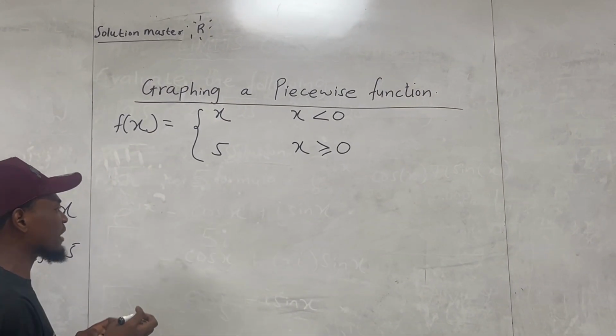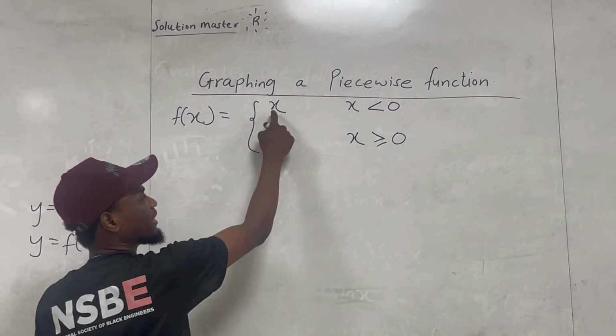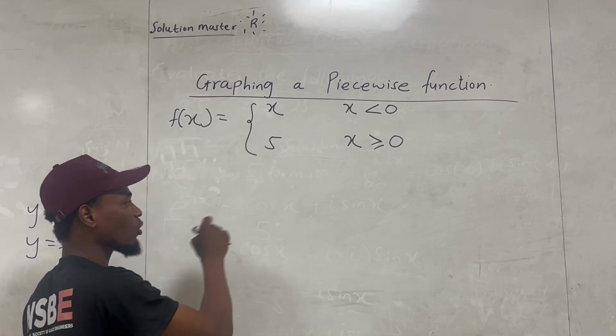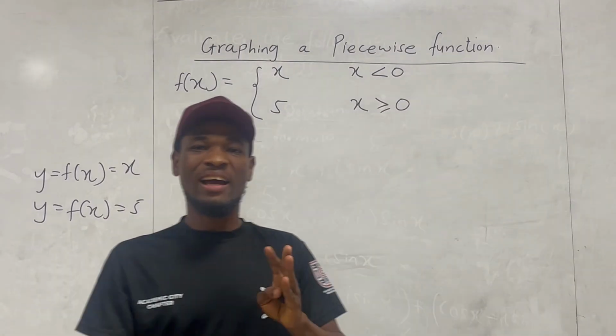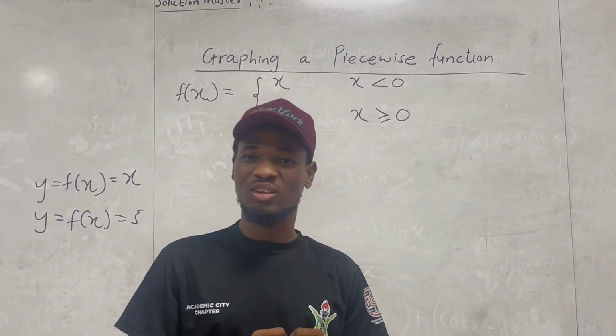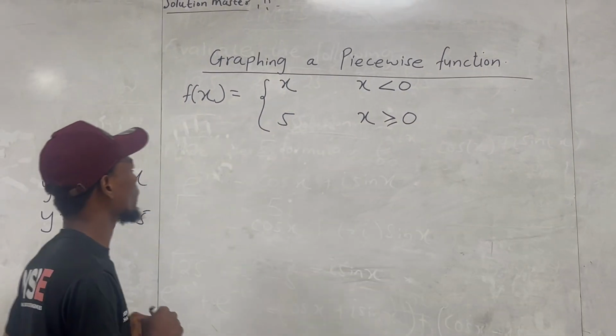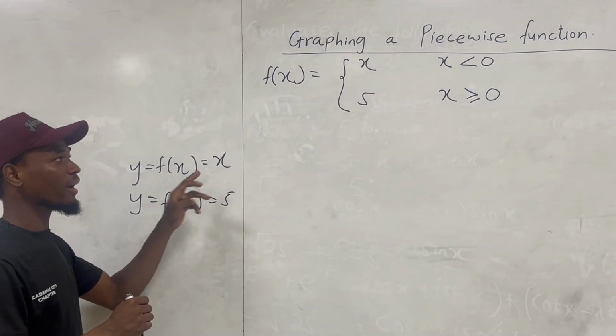And let's learn some strategies over here. So let's graph this. I don't want to do it straight away. We don't want to encounter any confusion or any doubt in the course of solving the problem. So let's graph this: y equals f of x, which is equal to x.